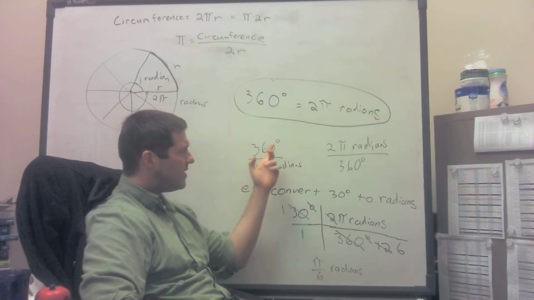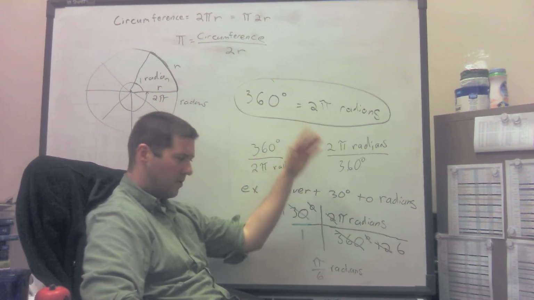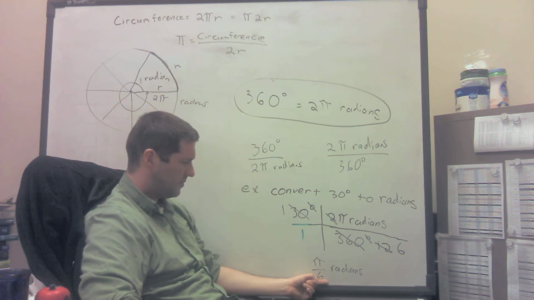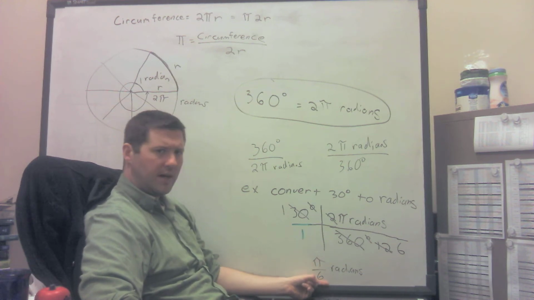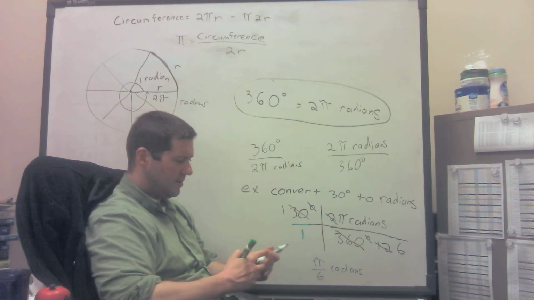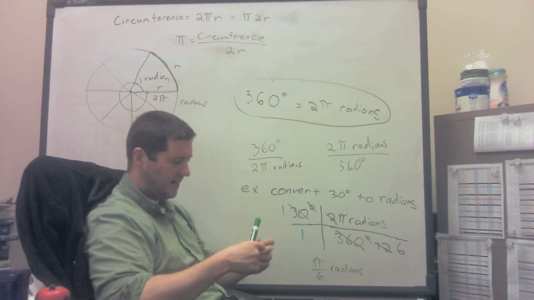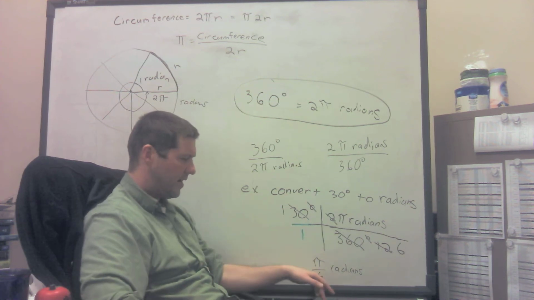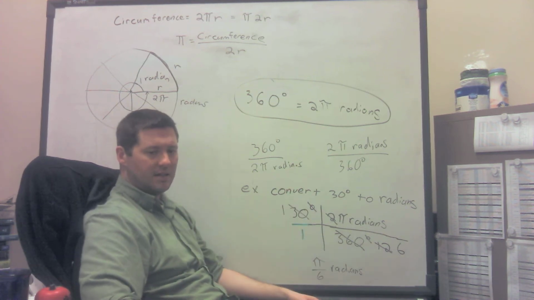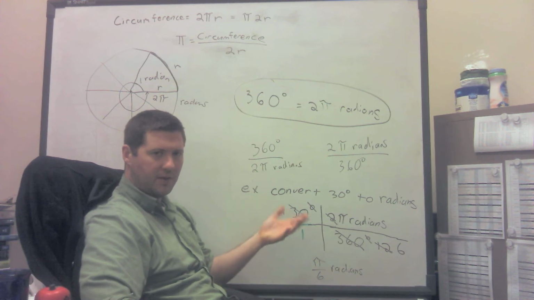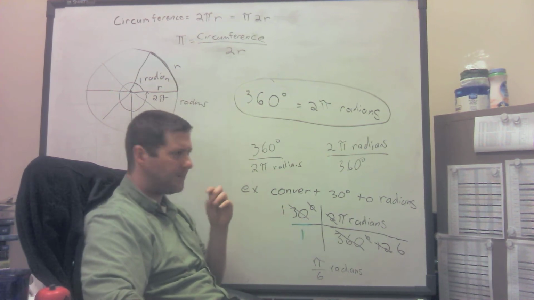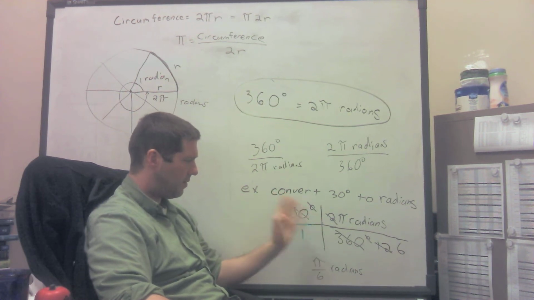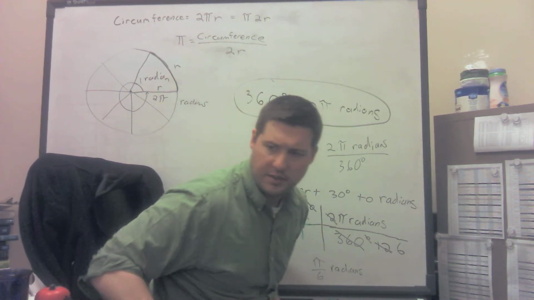So degrees you always have to write this little sign for, but for radians you just write pi over 6. As long as the context is there, that's all people need to know. I'll always try to write pi over 6 radians, but I probably won't do it all the time. But that's all there is to doing it. I know it probably seemed kind of complicated. I'll do just 1 or 2 more here.